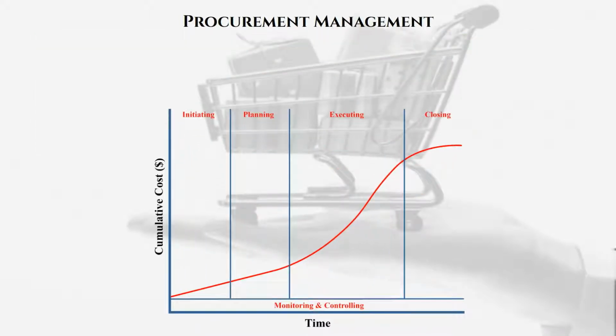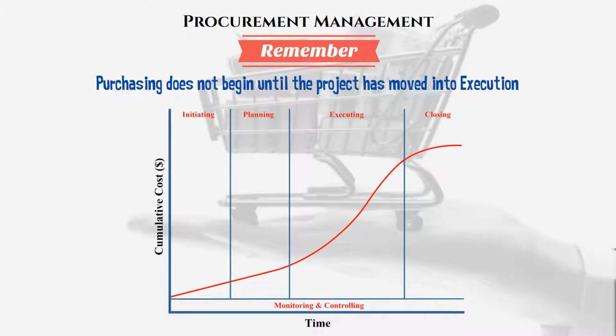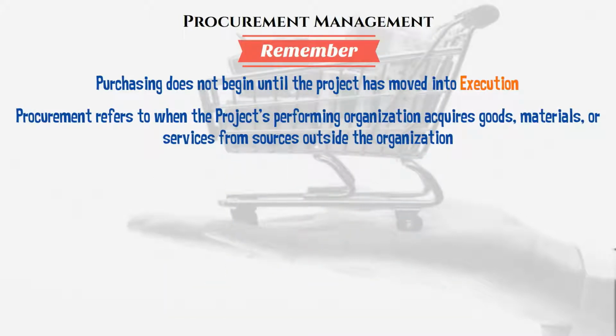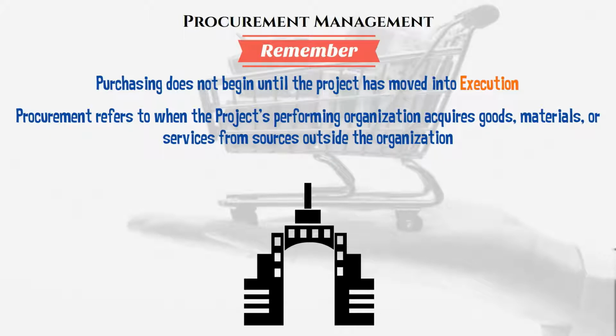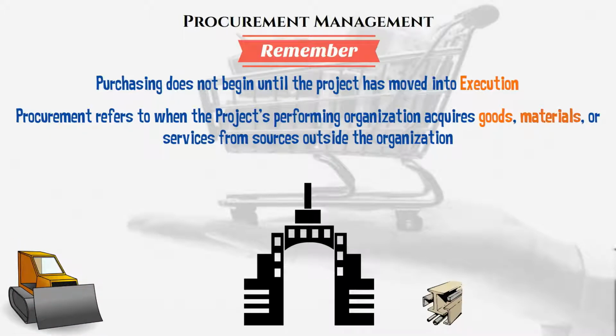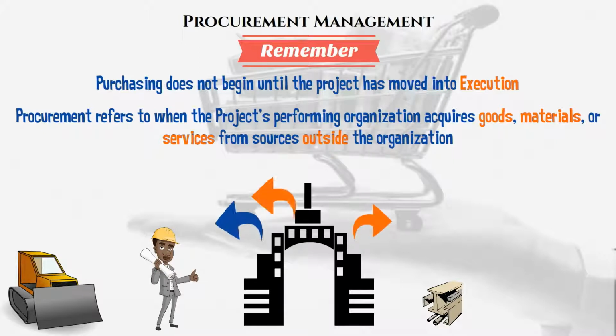Here's a few key points to remember. Purchasing does not begin until the project has moved into execution. Procurement refers to when the project's performing organization acquires goods, materials, or services from sources outside the organization.